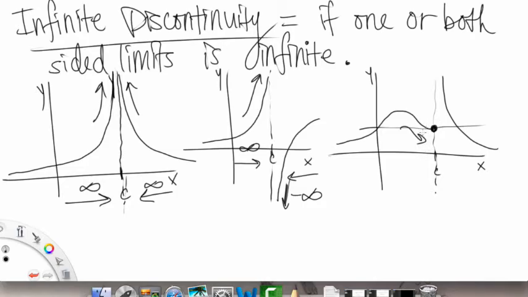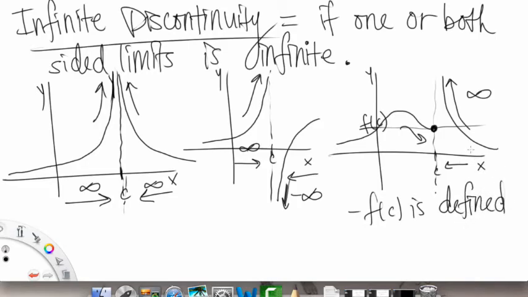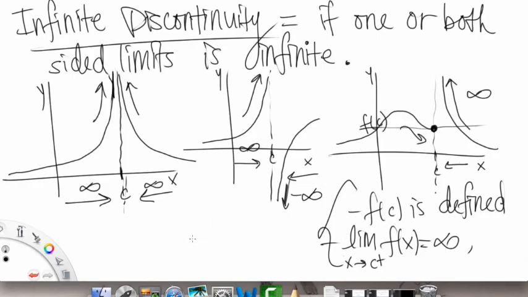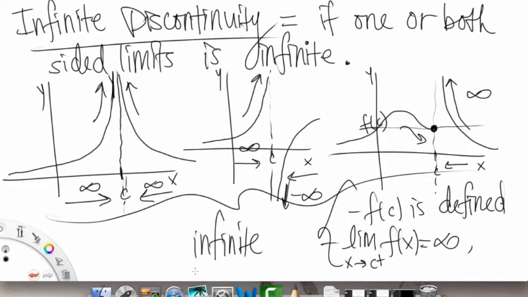So we have some kind of f of C here, but from the right-hand side, as x approaches C, we're going up and up and up, and this is positive infinity. Even though f of C is defined and not infinite, the limit as x approaches C from the right side is still infinity, so we still consider this an infinite discontinuity. All of these are infinite discontinuities.